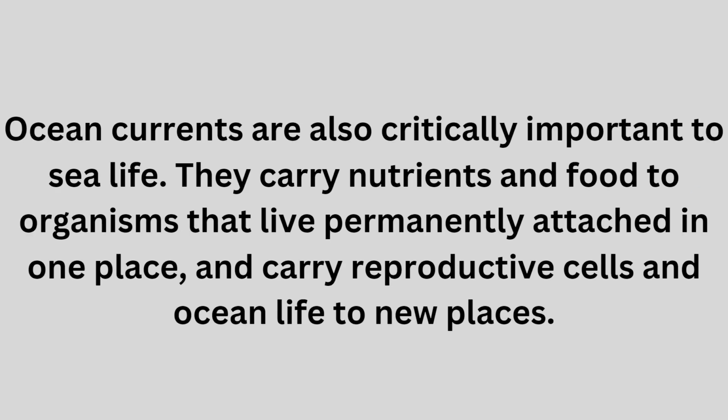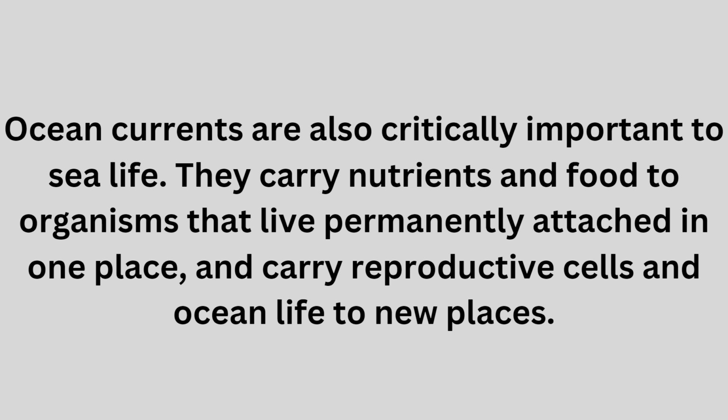Ocean currents are also critically important to sea life. How? Because they carry the nutrients and food stored in the deep ocean, which itself continuously moves. As it moves, it takes the food and nutrients with it, so that organisms living in the various parts of the ocean get it, and their life cycle continues.